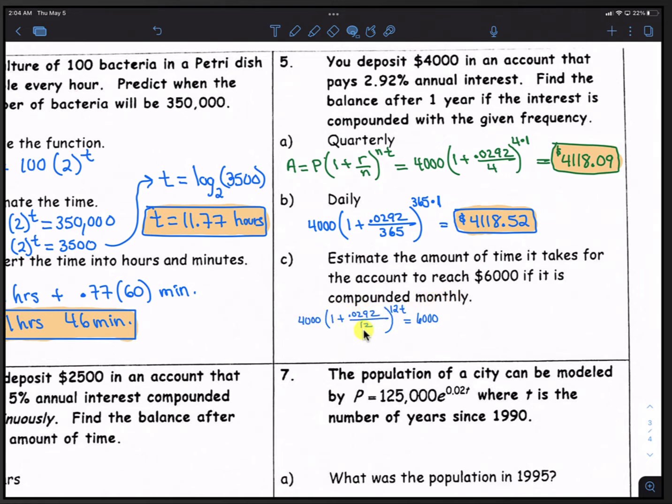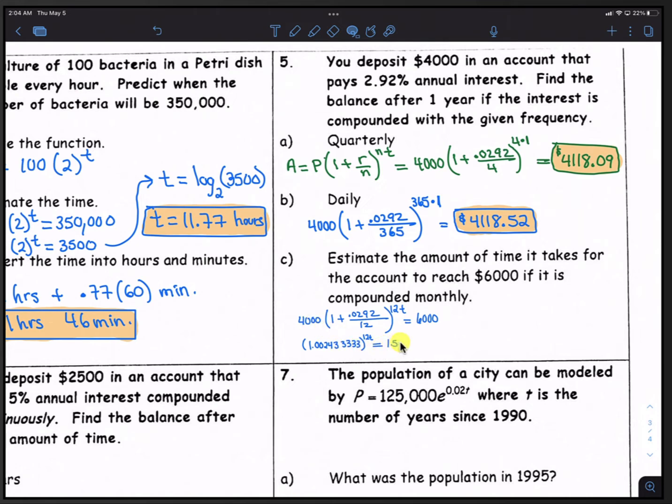So here's our equation, and this time we set it equal to 6,000, and we're solving for t because we want to know how many years it would take. All right, the second thing is to divide by 4,000 on both sides. And 6,000 divided by 4,000 is 1.5.